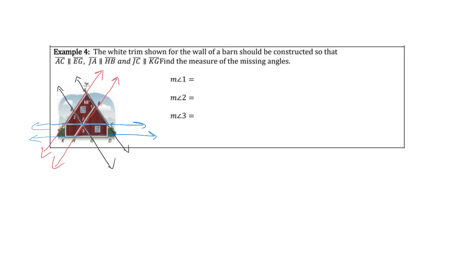What I'm going to do is pull angle 1 out of the picture, and we know this angle is 68 degrees. For angle 1, we're using the parallel line JA and parallel line HB, and then we have the transversal AC going through them.